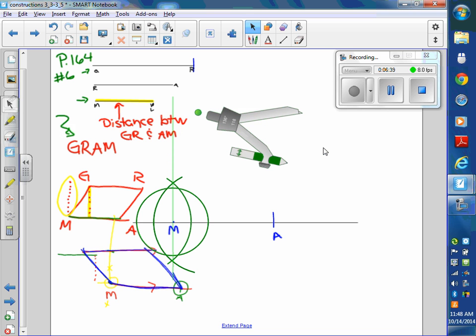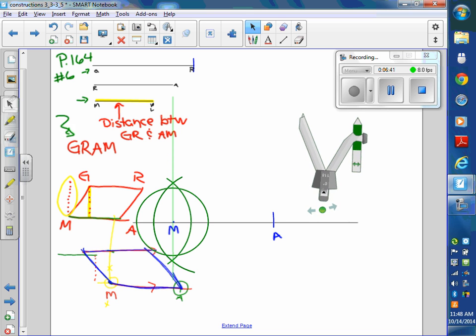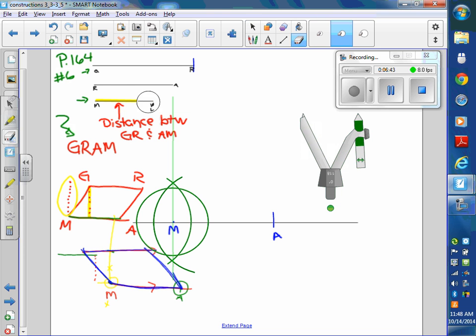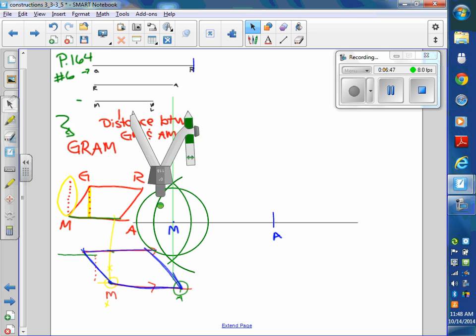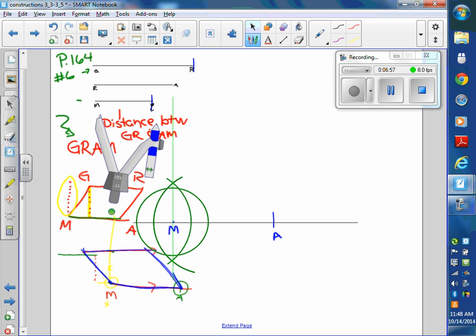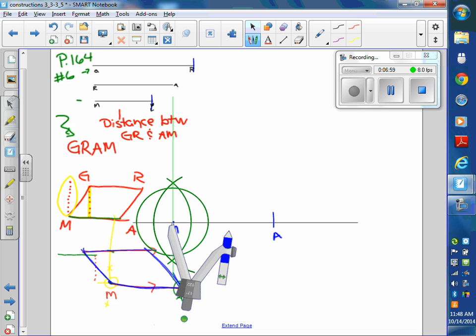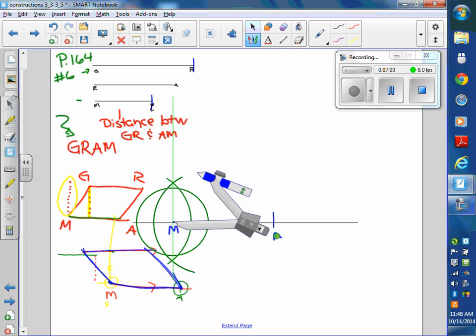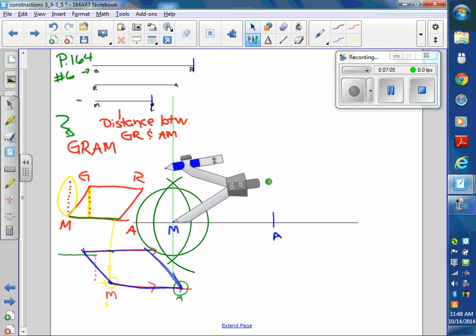And now I can take my compass and measure the distance between the two parallel lines. So that's this. And I'm going to put my compass here and do that. So that's a lot of steps right there.